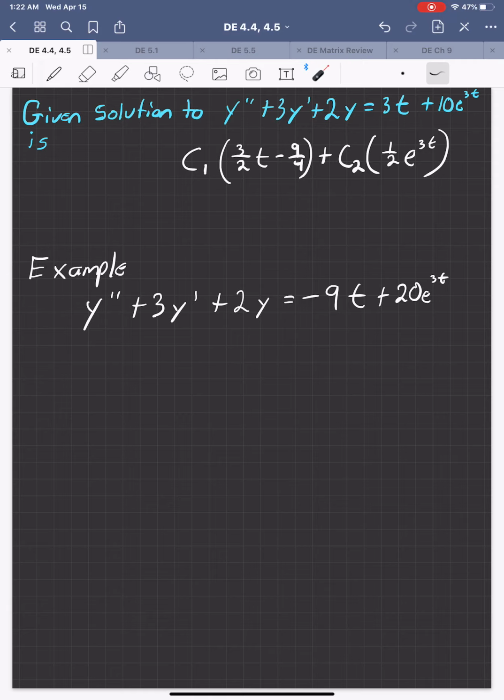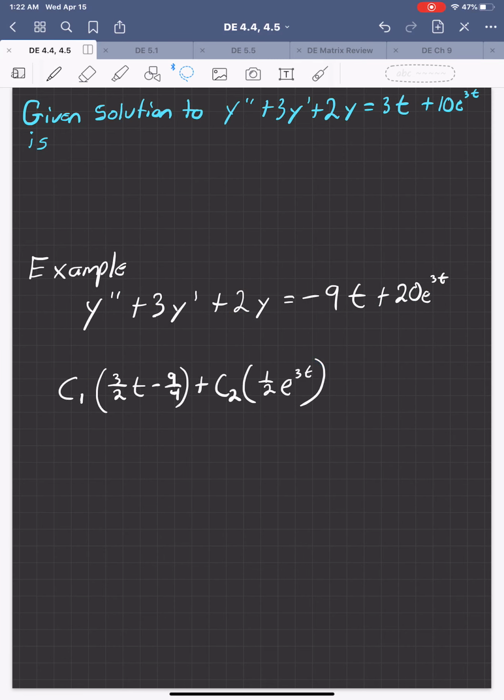What I mentioned is that this principle, which I'm offering in this first quick video as a quick tour before we dive deeper, tells us that I can get to solutions for negative 9t from some scalar combination of this 3/2 t minus 9/4.